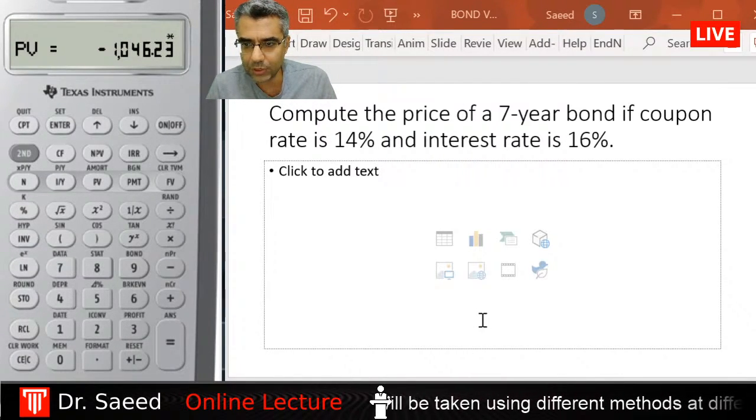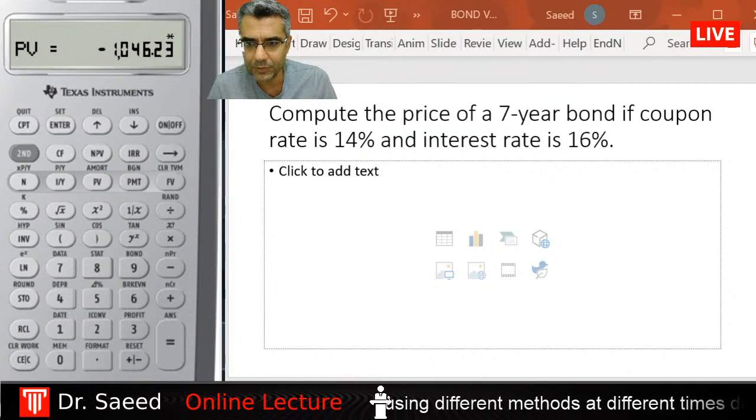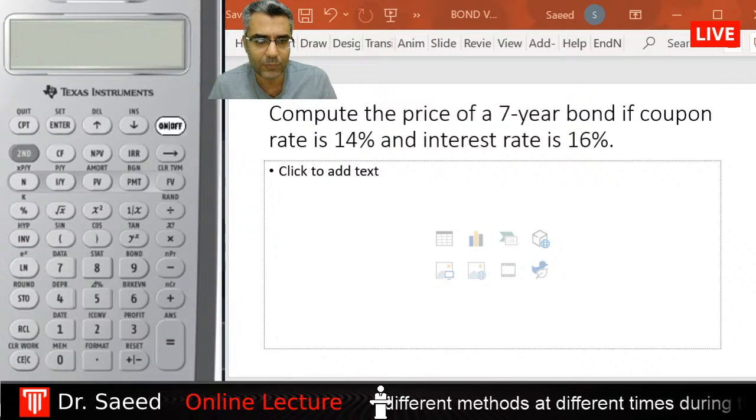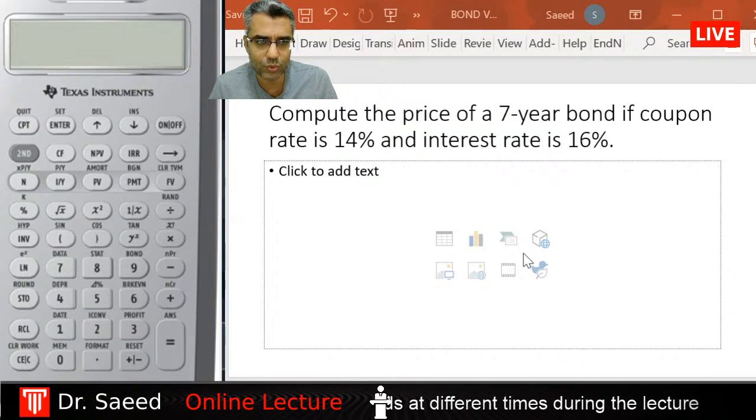So now guys, how to start using the financial calculator. Write in the chat box what's the first step. This is your financial calculator, and let me know what is the first step to use it.